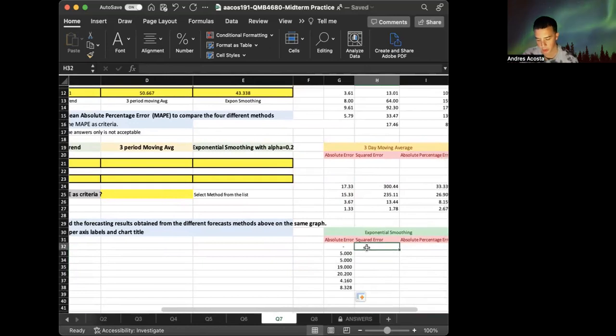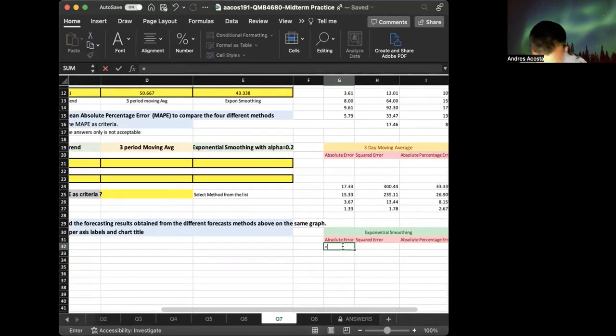Perfect. And the squared error, once again, it would be the ABS. Oh, wait. Did I click ABS? No, I did not. Sorry about that, guys. Excuse myself. So we have to remember to put the ABS function. I'm sorry it's late at night and I'm already tired.